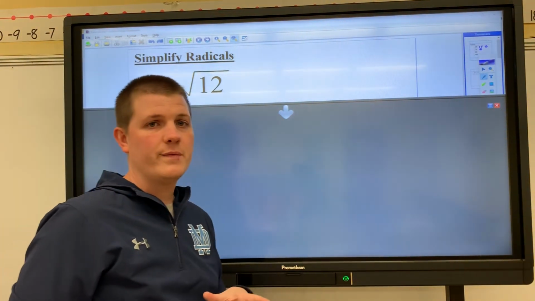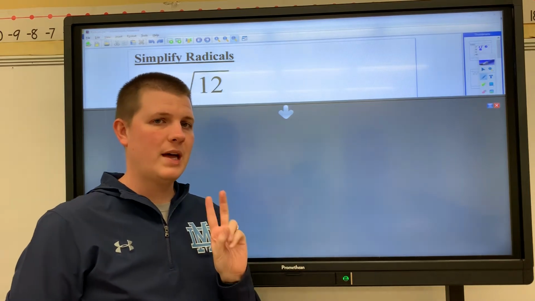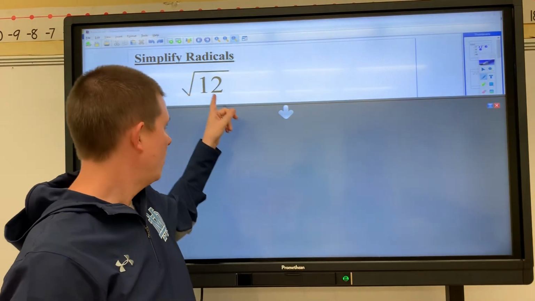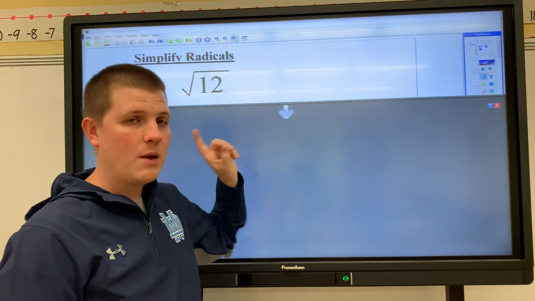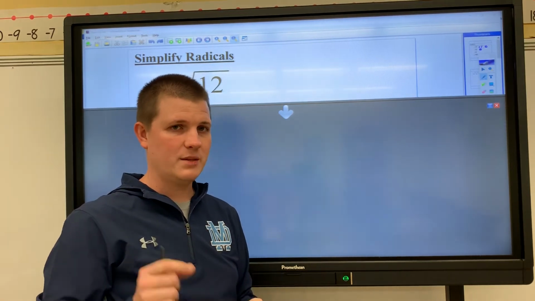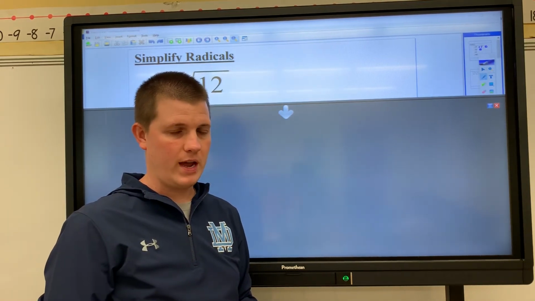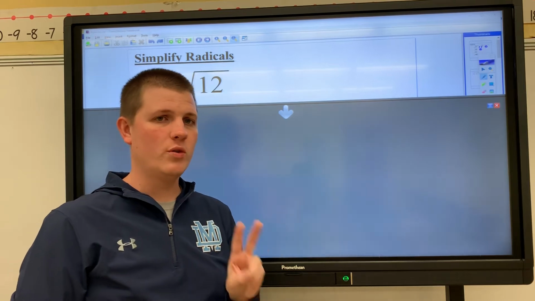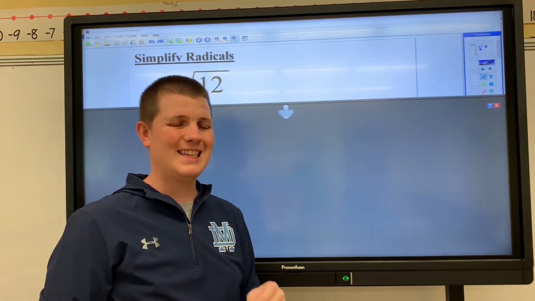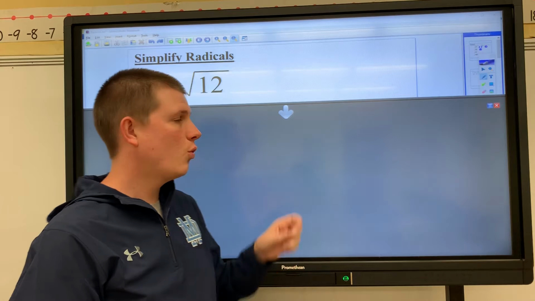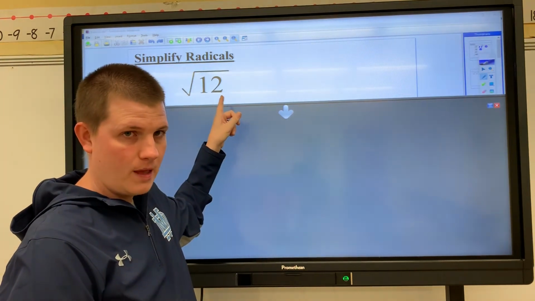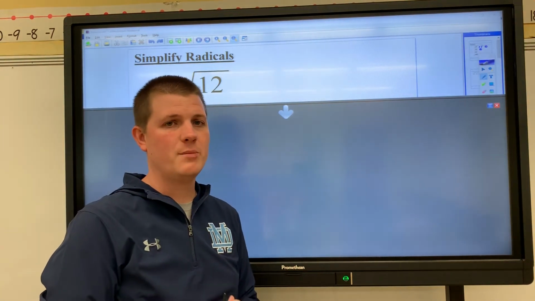You need to think of two numbers that multiply together to equal this number, and one of those two numbers has to be a perfect square. Okay, I'll say that again. You want to think of two numbers that can multiply together to equal this number, and one of those two numbers has to be a perfect square.